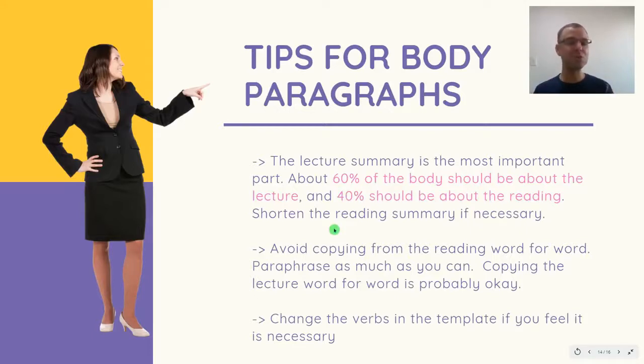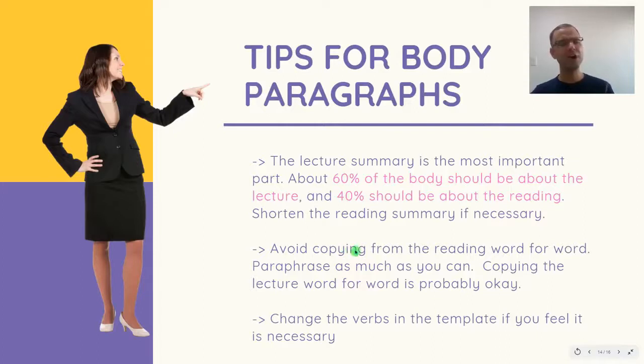If you need to shorten something, shorten the reading summary. You can cut the reading summary down to 1 sentence per body paragraph if necessary, but never shorten the lecture summary. I need to see 2 sentences about the lecture in each body paragraph, no less than that.